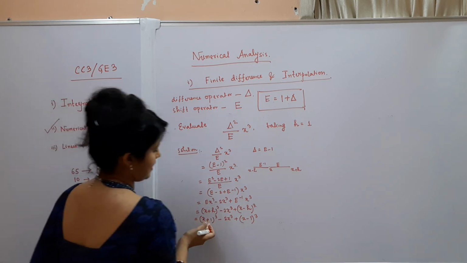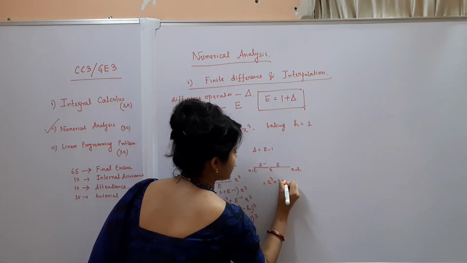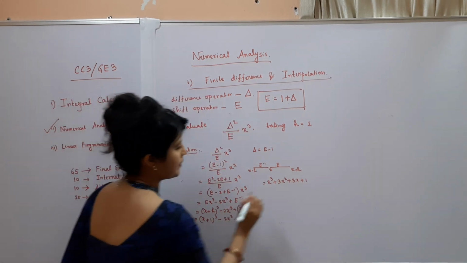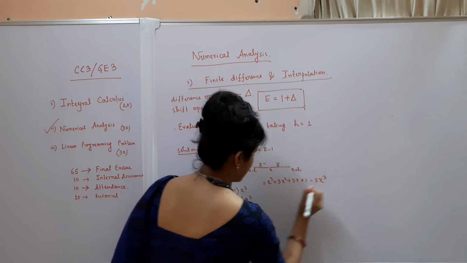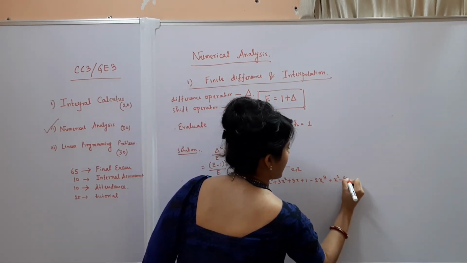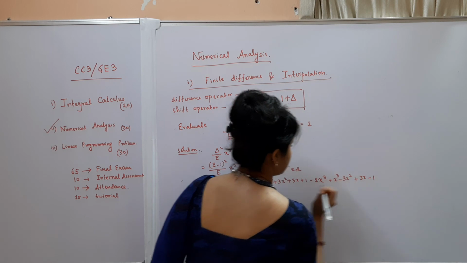Now just use the a plus b whole cube formula, that is x cube plus 3x square plus 3x plus 1 for this term, then minus 2x cube, and for this term x cube minus 3x square plus 3x minus 1.